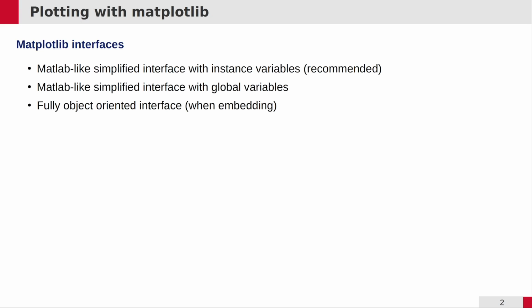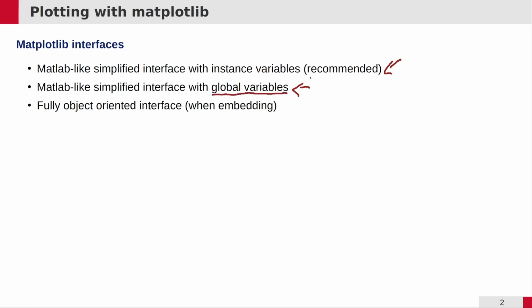Just a very brief comment before we start about the matplotlib interfaces. There are various ways you can talk to matplotlib in Python. I will use the matplotlib simplified interface, but using so-called instance variables. I will show you in a second what it means. There is also a very similar approach using global variables, which is even easier to type, but it's not that practical if you are writing programs.